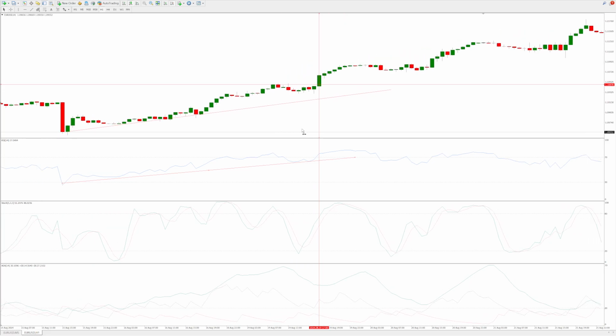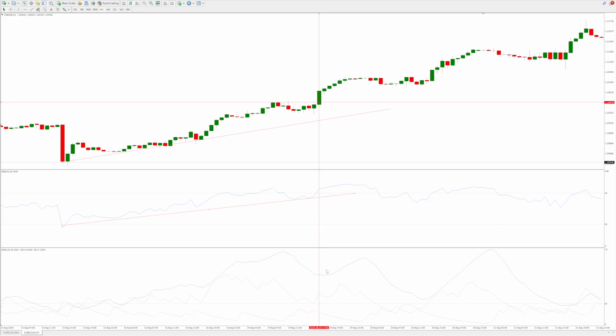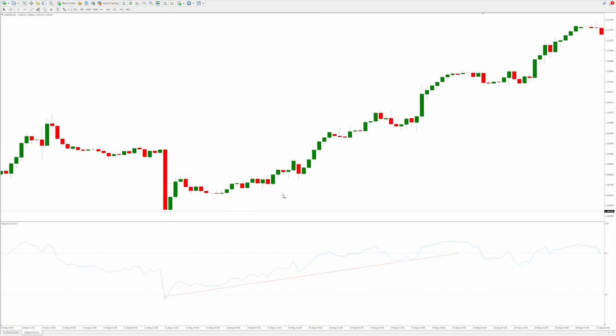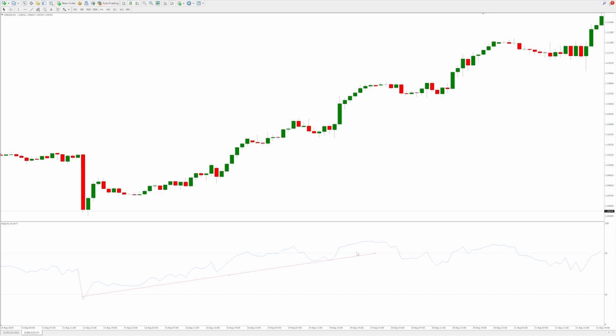But as I said, it's much easier, in my opinion, to confirm your entries with additional indicators. If we just remove them from the chart, even the trend line, take off the resistance. So if we take these all off and just said, okay, there's bullish divergence, let me just jump in anywhere.